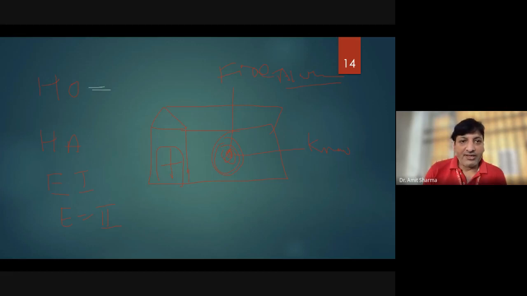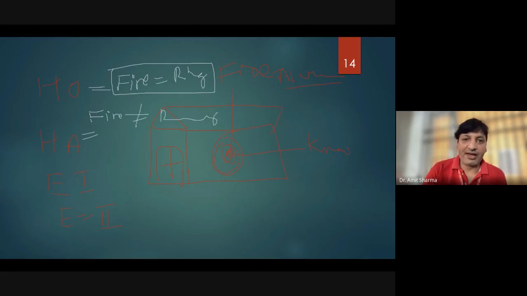The null hypothesis says whenever there is a fire in a house, the alarm should ring. That is quoted by the null hypothesis. The alternative hypothesis is what? Fire is there at home, but the alarm is not ringing. That is the second opinion.